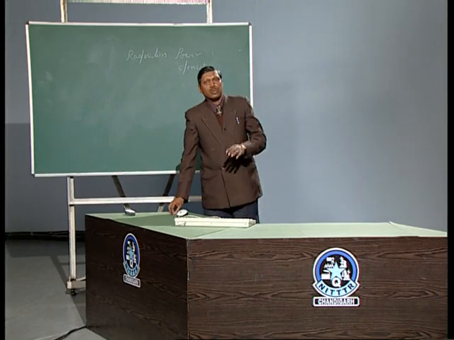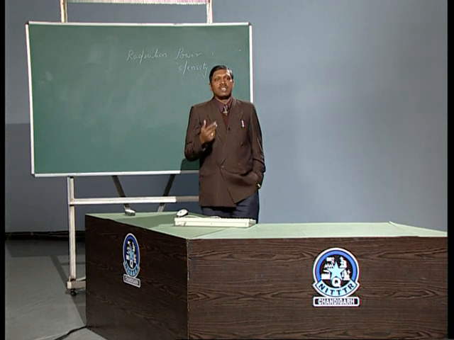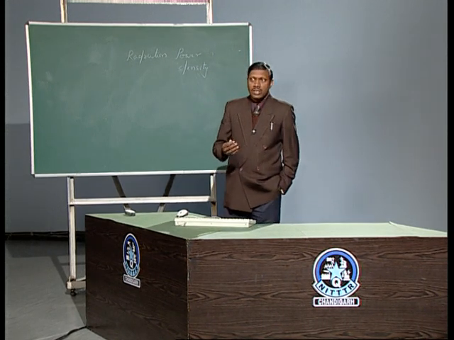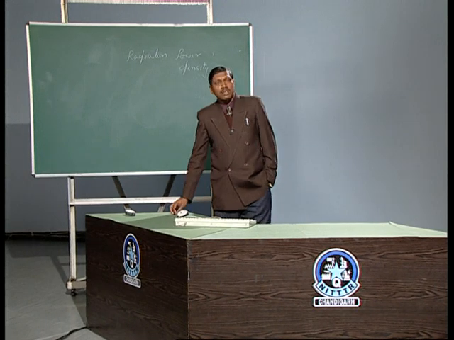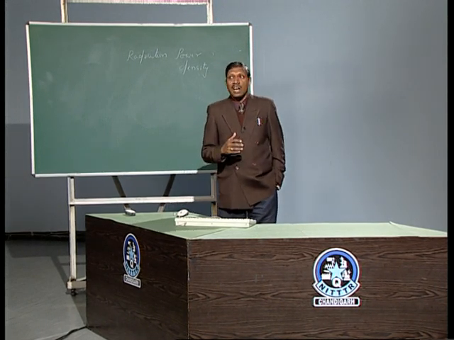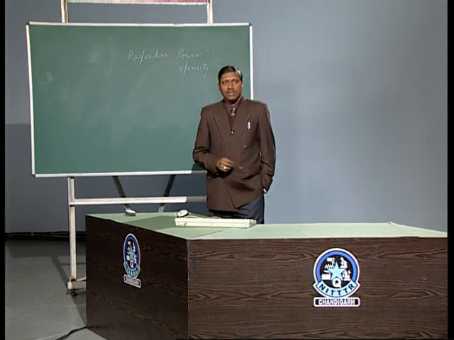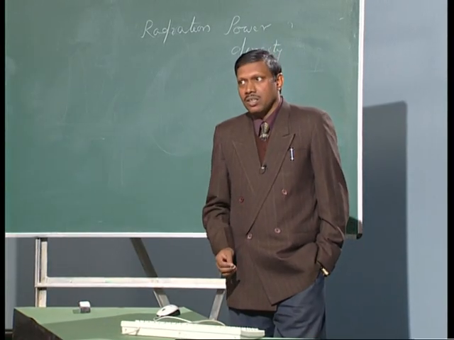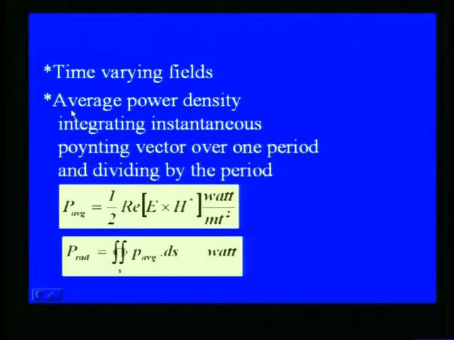Now, for a time varying situation like an antenna, where the electric and magnetic fields are time varying, we are more interested in the average power density, and subsequently the average power. The average power density is obtained by integrating the instantaneous Poynting vector over one period and dividing by the period. So, if you see this expression here, this P average is nothing but half the real part of E cross H star.